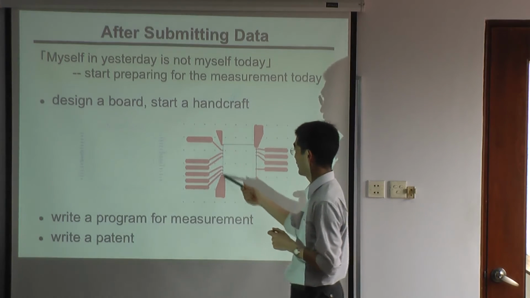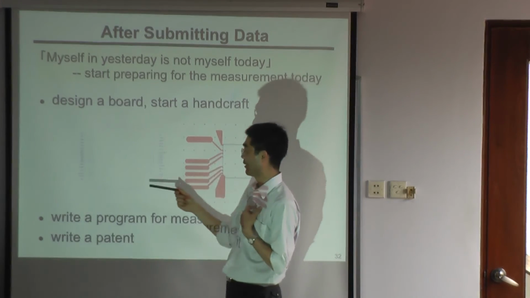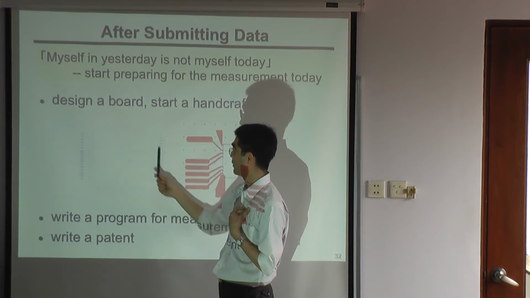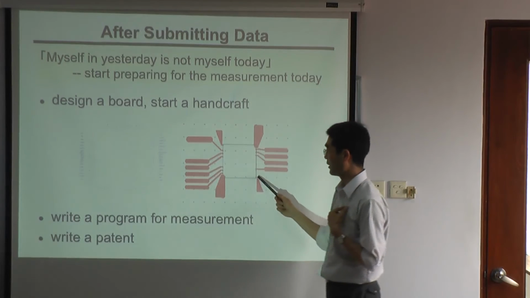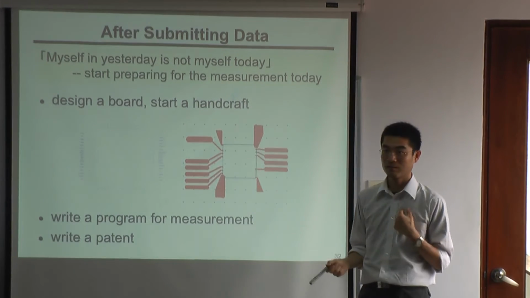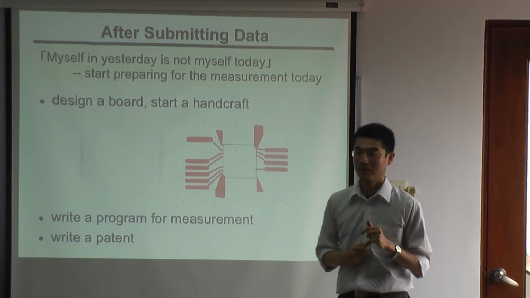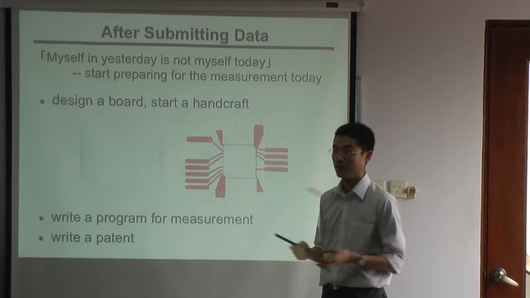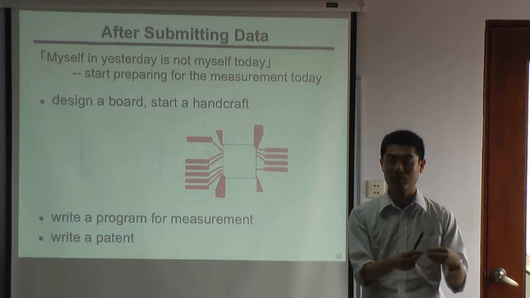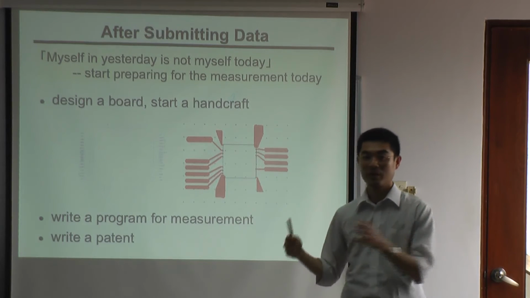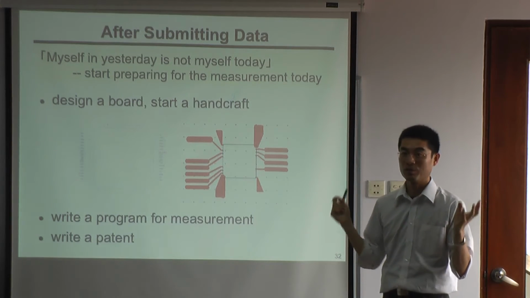For example, in my case, this is the pin distribution. After deciding the pin distribution, we start to draw the whole layout, and we put capacitance and the transmission line and SMA connectors and prepare everything for measurement.